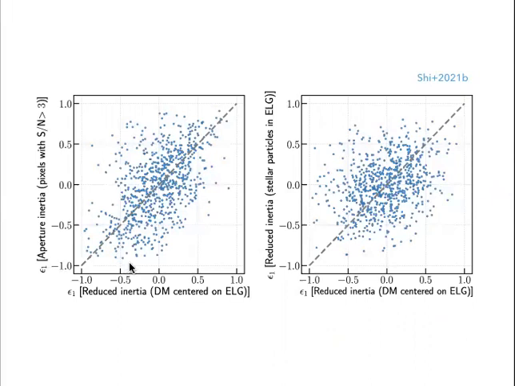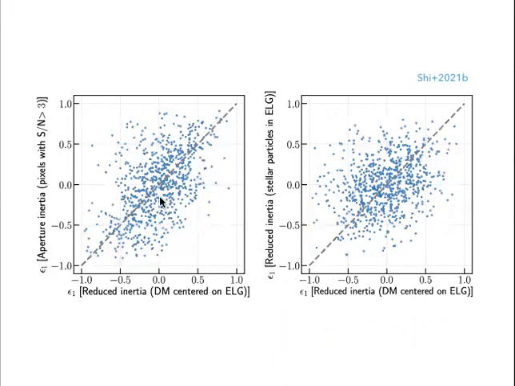This originates from the correlation that we see between the ellipticity calculated with dark matter and the ellipticity calculated using our aperture inertia tensor shown here.